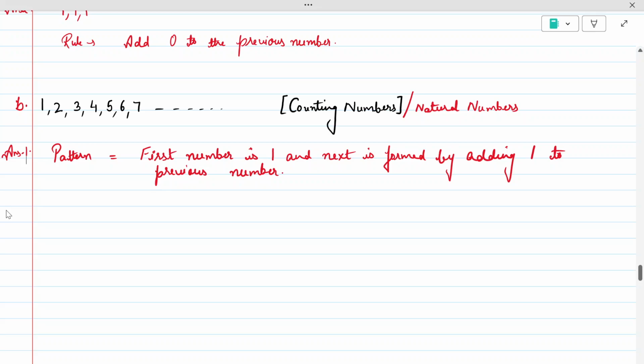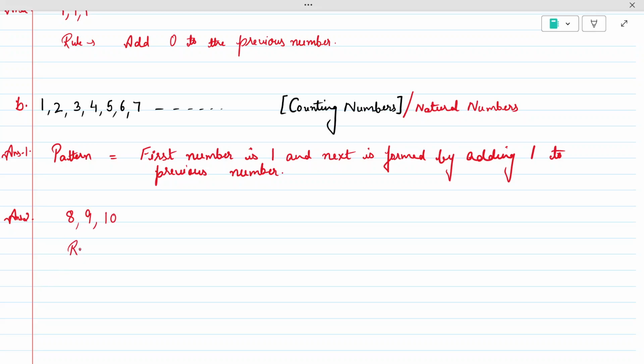Okay. Now, the second question is, we have to write the next 3 numbers of this sequence. So the next 3 numbers will be 8, 9 and 10. Right?